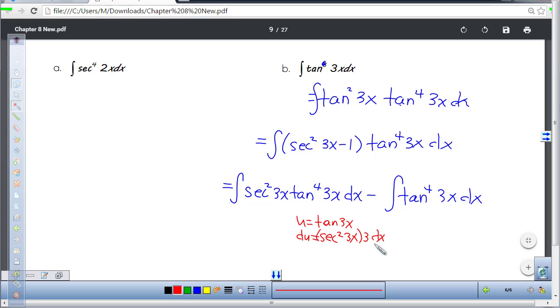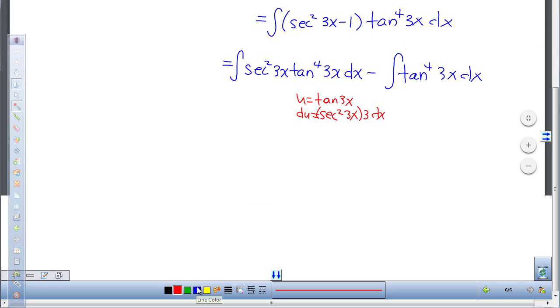So that one's pretty straightforward. When we integrate that, since this is du, we've got 1/3 times tangent to the fifth over 5. Is that okay?